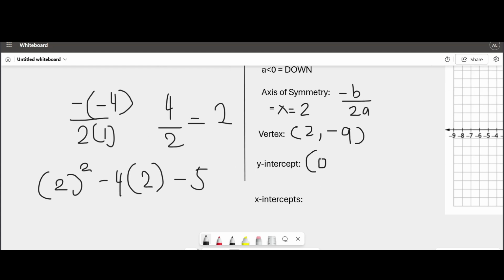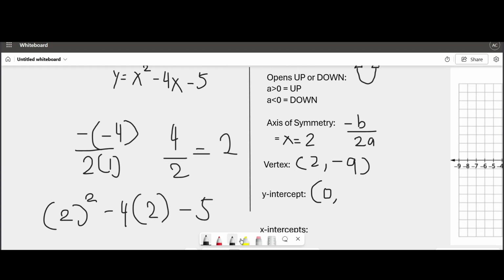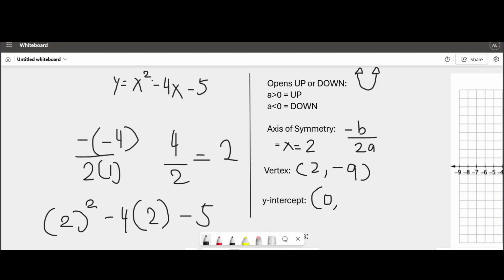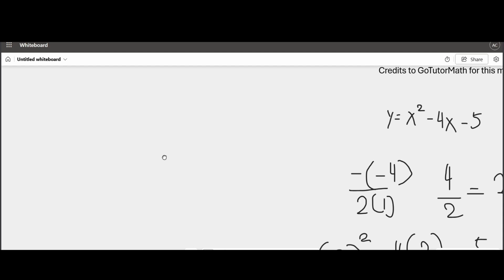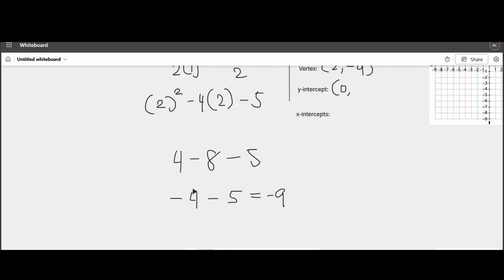Then our y will be whatever comes out of the quadratic function after we replace the x's with 0. So let's just do exactly that. Let me just remove this.